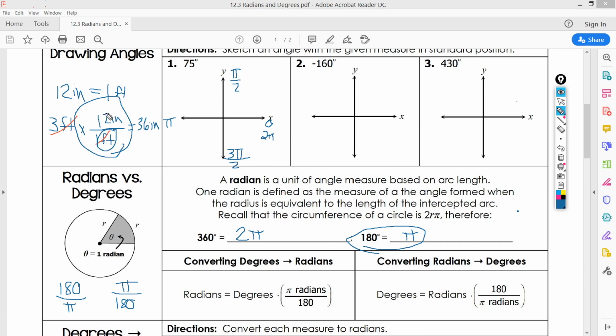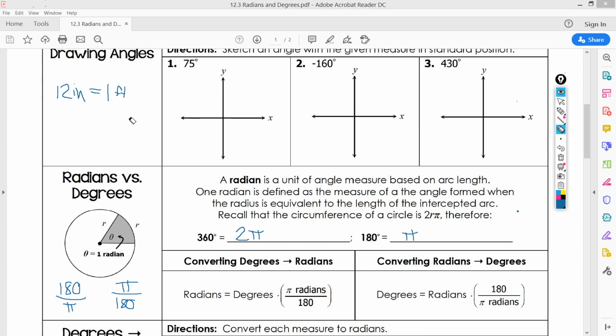If I put feet on top, if I flipped these, I would get 36 feet squared over inches. And if I move the 12 down too, then it would be 1/4 feet squared over inches. And what does it even mean? Feet squared over inches. It means something, but we're not going to talk about it. Anyway, so that's the basic idea behind what we're doing here.